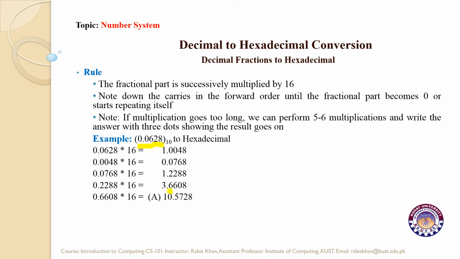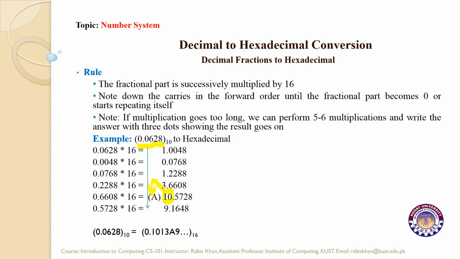Here you can see the carry is 10, but as you know 10 is not a valid number in hexadecimal number system, so we need to use its respective symbol, and that is capital A. So instead of 10 we have to write A. Again the fractional part 0.5728 is multiplied by 16 and the result is 9.1648. The multiplication is non-terminating. The more you multiply the fractional part, the more products you are going to get. So we stop here and write the answer in top-down manner.